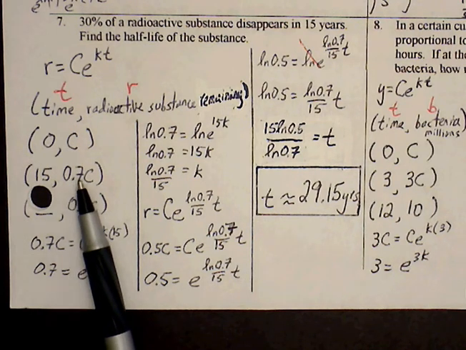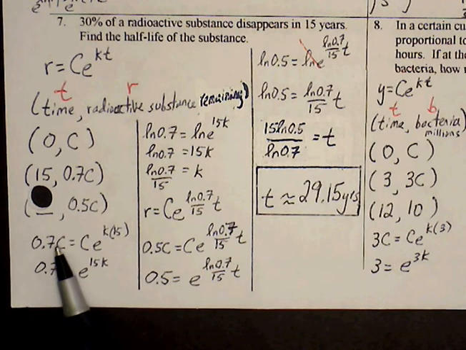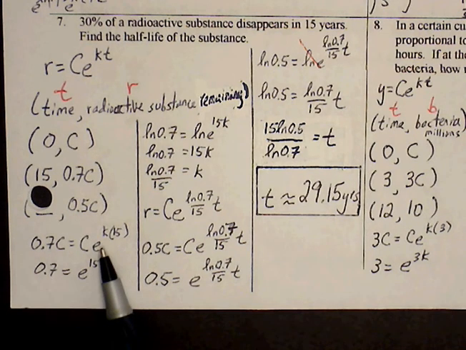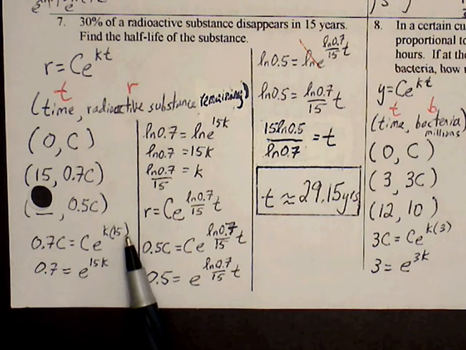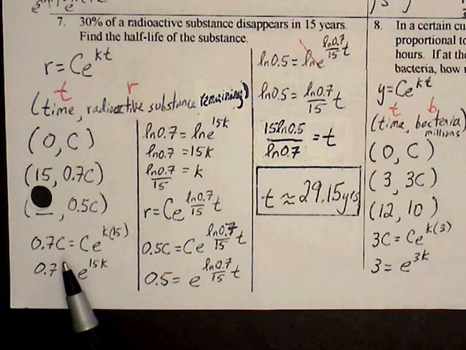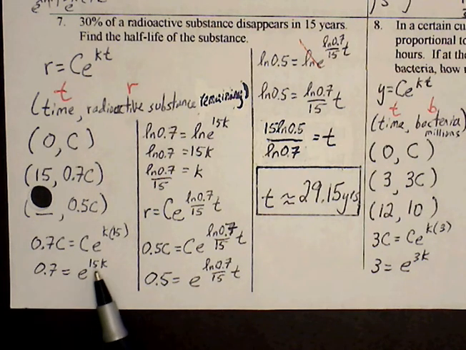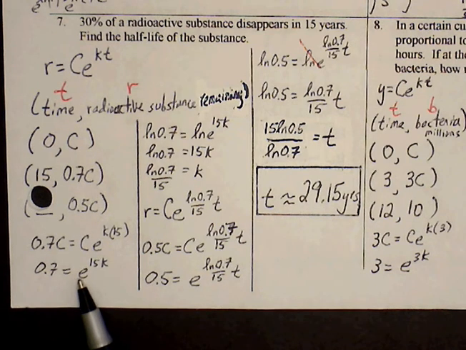The ordered pair available to us, we have 15 and 0.7 C, so we can plug this value in for the amount for R. So 0.7 C is equal to CE to the 15K. To solve for K, the C's will conveniently cancel out. We can bring the exponent down in front by introducing natural logs into the problem.